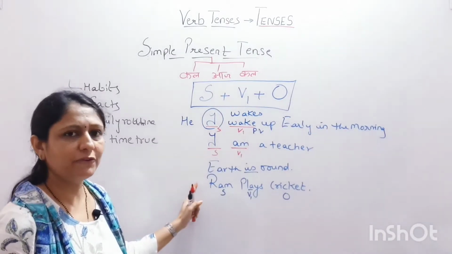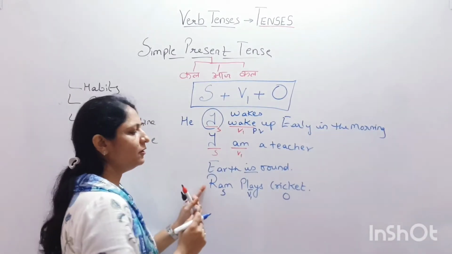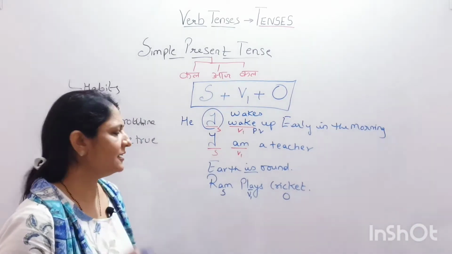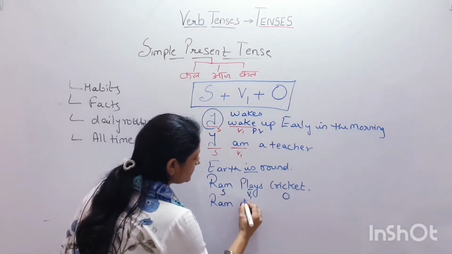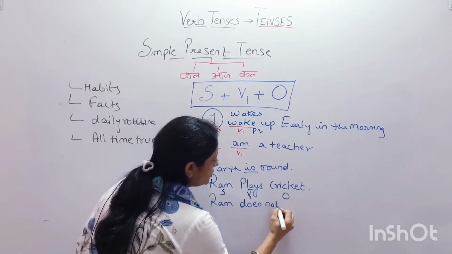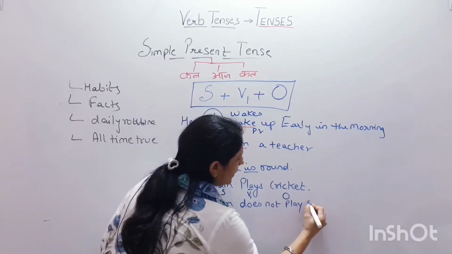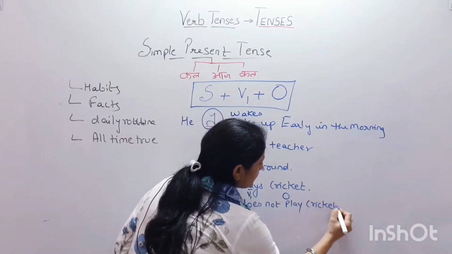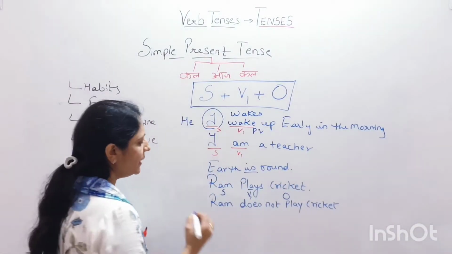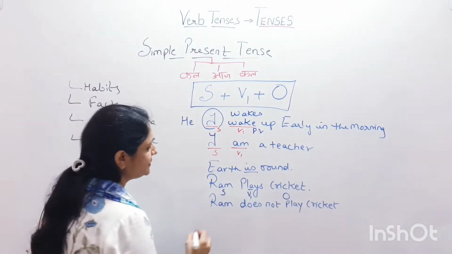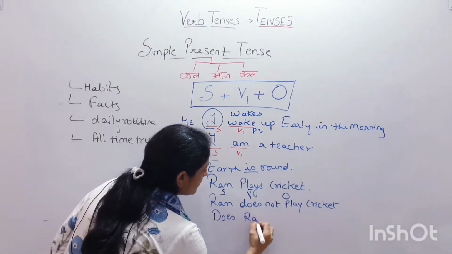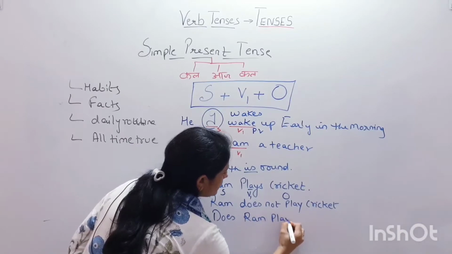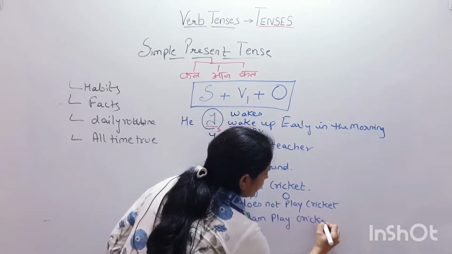This is an affirmative sentence, and this can also be written as a negative sentence, where it will become Ram does not play cricket. Similarly, I can make it into an interrogative sentence which says, does Ram play cricket?